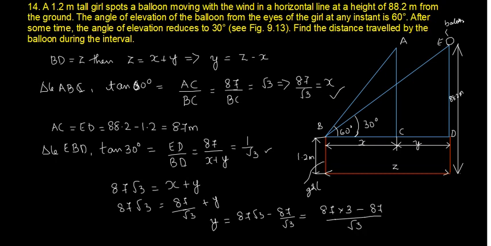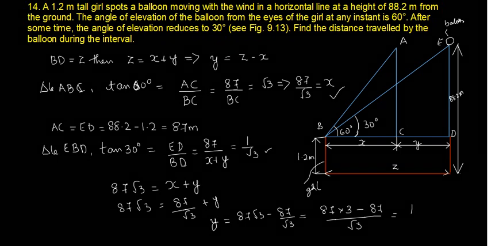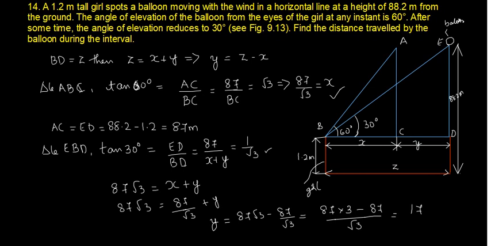So 87 into 3 minus 87, that means we can take 87 as common, and 3 minus 1 divided by root 3, and it will be 87 into 2. 87 into 2 is 174 by root 3, and 174 we can write as 58 into 3, and this 3 we can write as root 3 into root 3, and one of the root 3 gets cancelled.